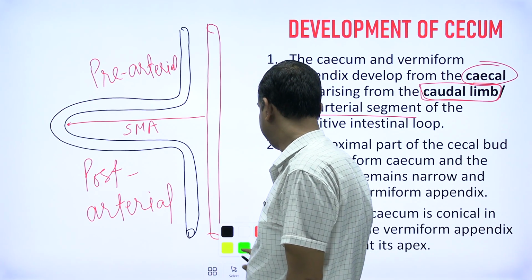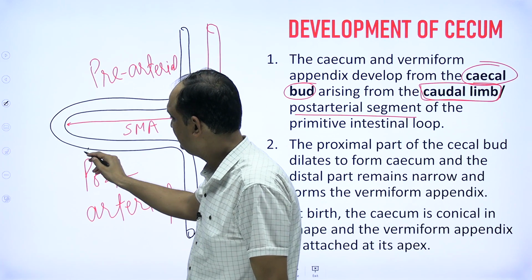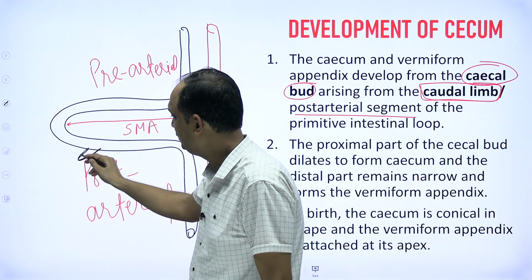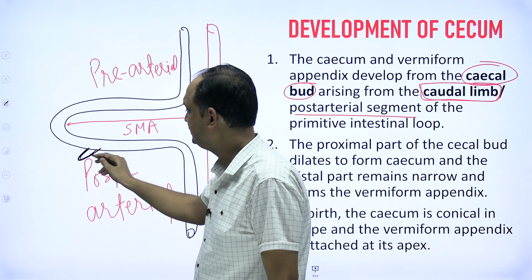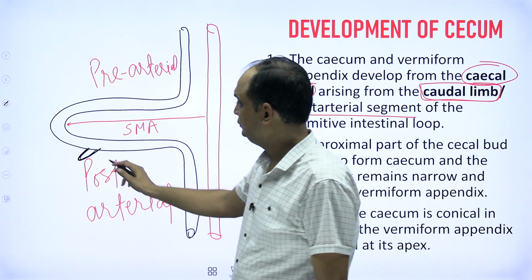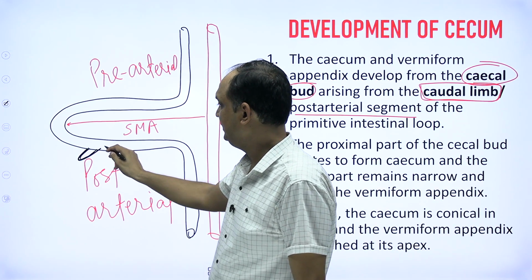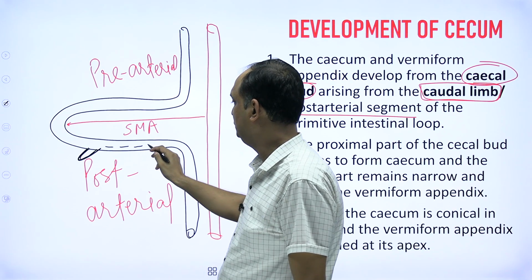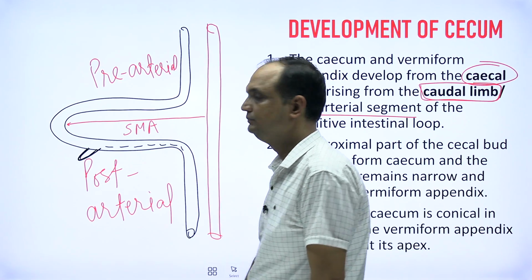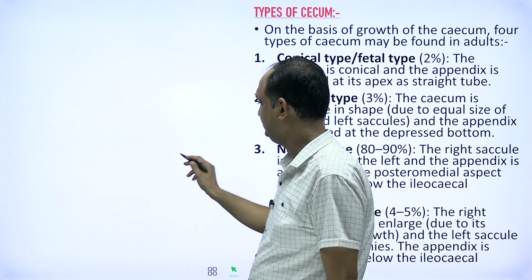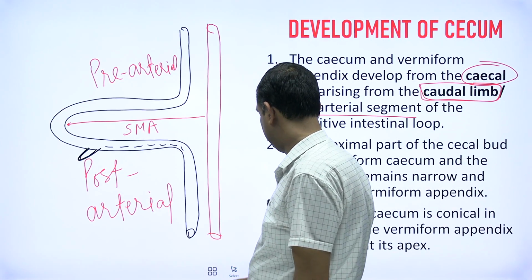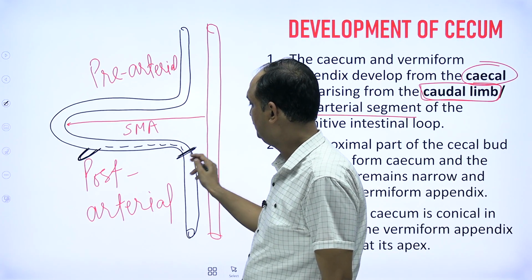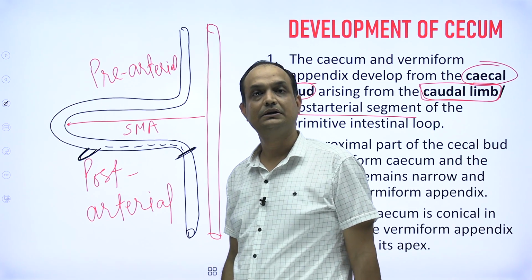Somewhere in this part you have a small projection, known as the cecal bud. The remaining portion forms the ascending colon and transverse colon, and then you have the junction with your hindgut, which is going to form the remaining part of the large intestine.